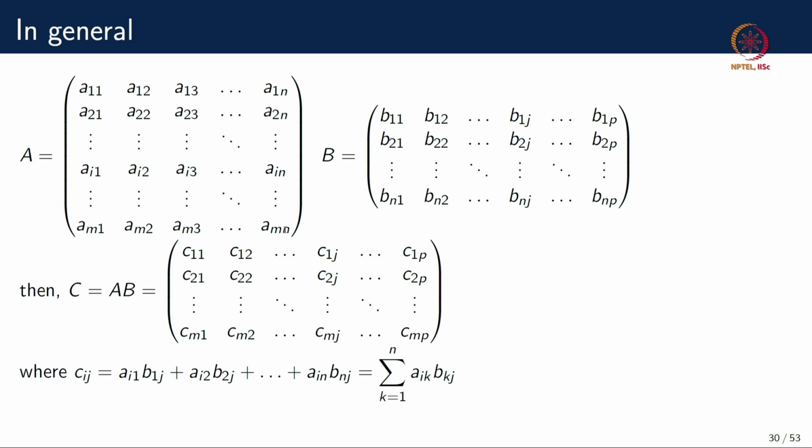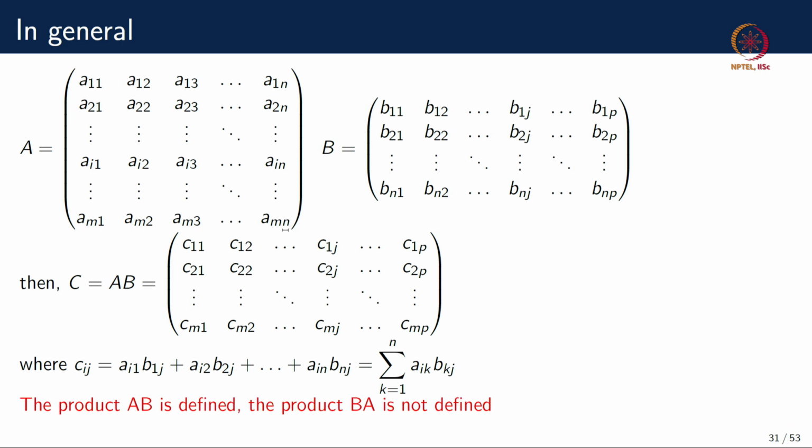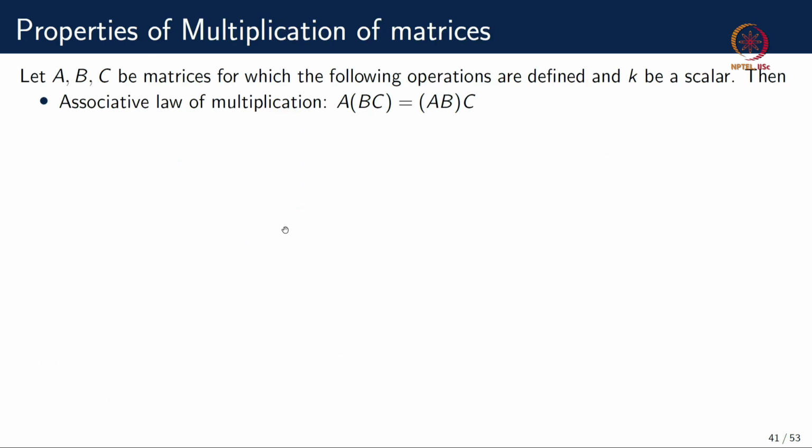We again see that the product AB is defined, but the product BA is not defined as the matrix dimensions do not match.